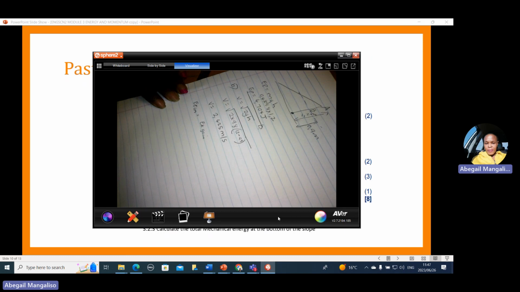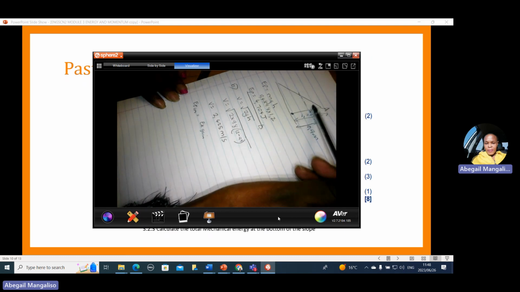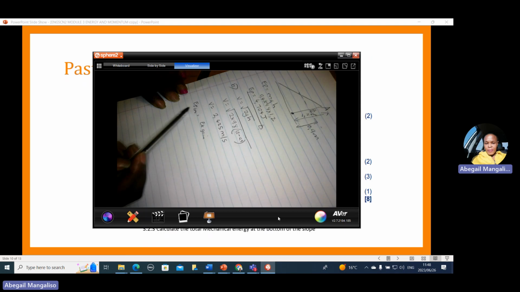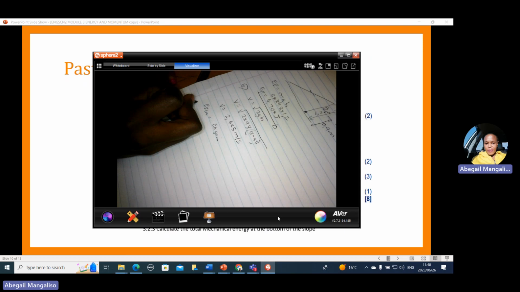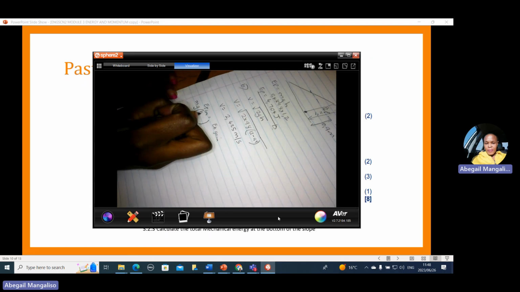Now, the potential energy that has been lost is over this distance of 1.2 minus 0.9. So on this side, we calculate the potential energy. It will be mg, but where there is h, you still remember it is the bigger minus the smaller because it's coming from the top, so h1 minus h2.